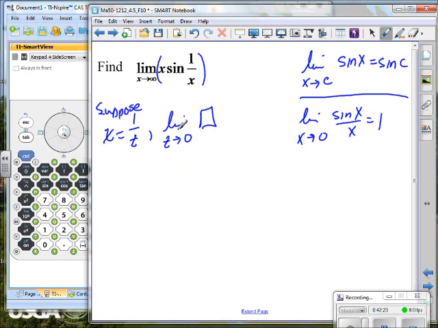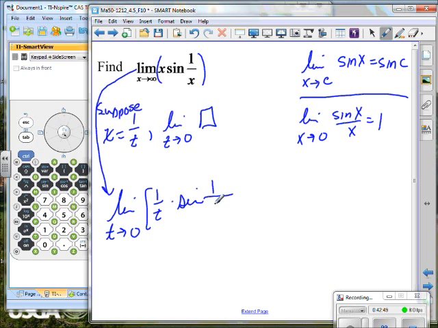If I do that, then what does this become? Well, let's see. The limit as t approaches 0, x is how much? 1 divided by t times the sine of 1 divided by t.